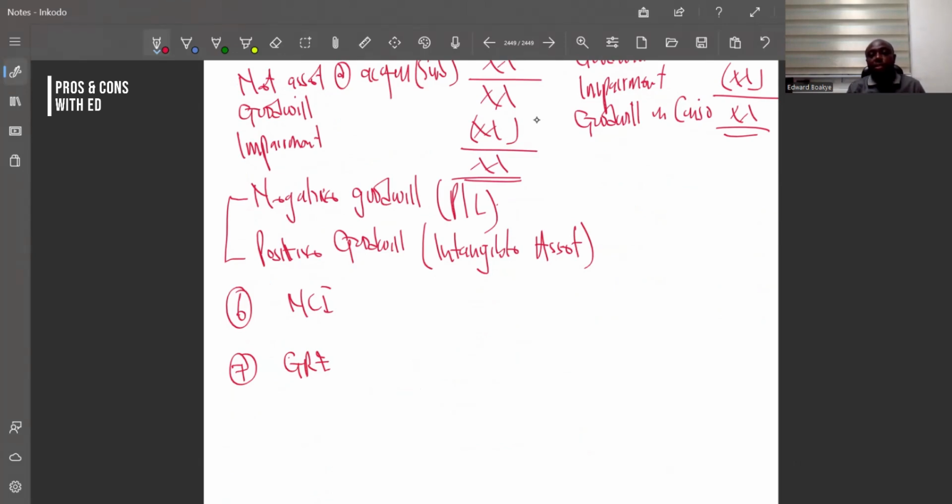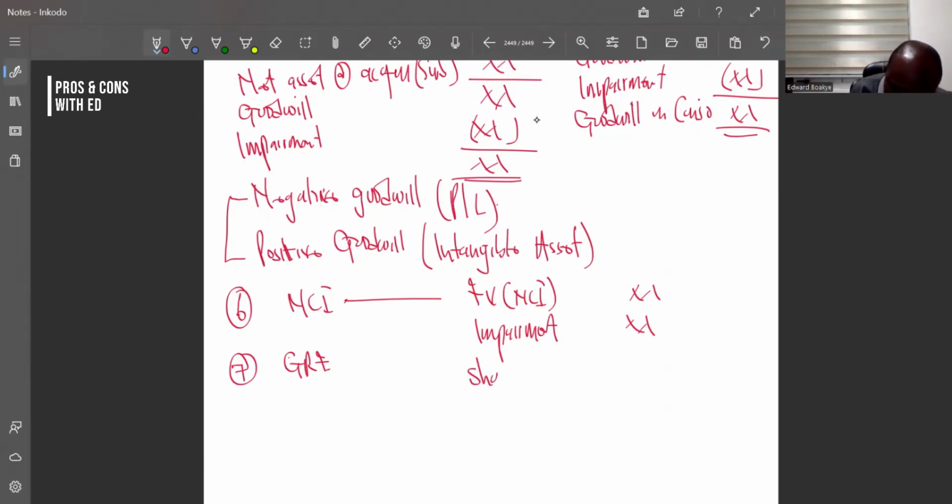So with the NCI, we get the fair value of the NCI, then any impairment where we are using the fair value model, then we take their share of the post-acquisition profit of the sub.